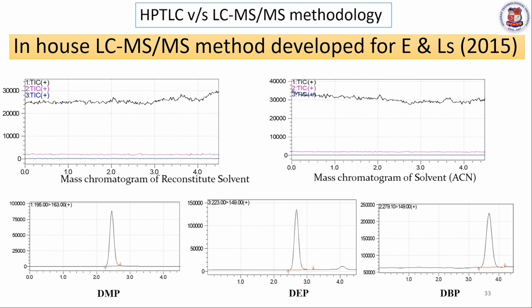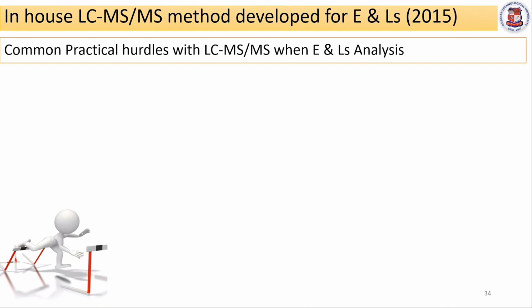By doing the literature review, we found that LCMS-MS is the most popular technique for this kind of study. We did this too, but found that because plastics are everywhere, the solvent and the water we use for the analysis sometimes get exposure from the plastics.